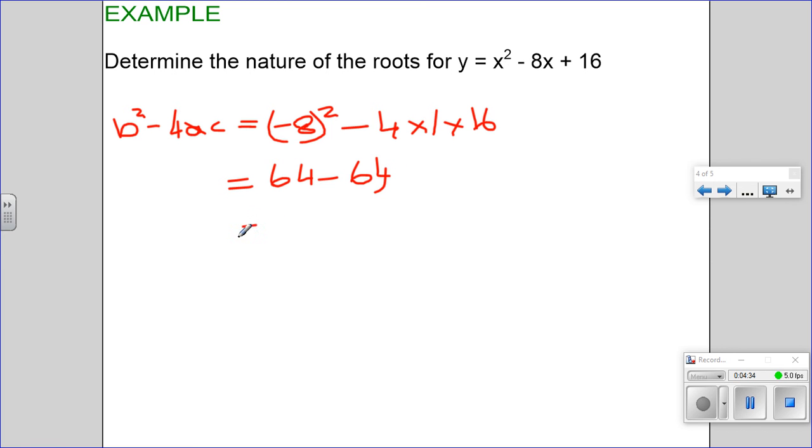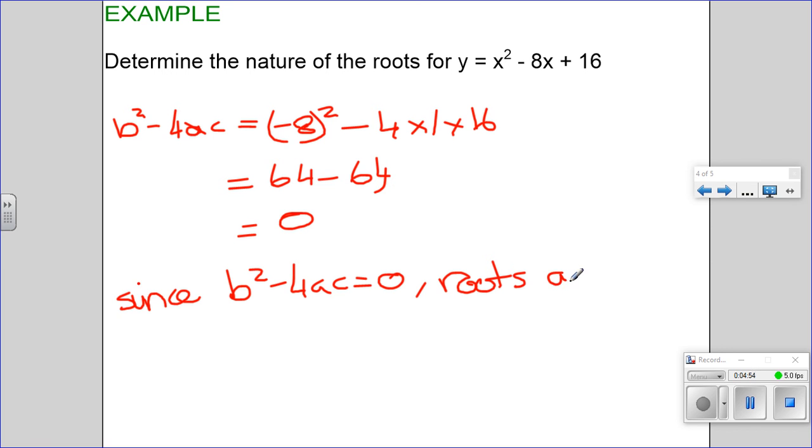Minus 64, so we get 0. So when evaluating the statement and determining the nature, we can say since b squared minus 4ac equals 0, roots are real and equal.